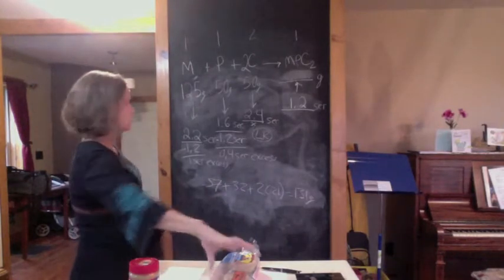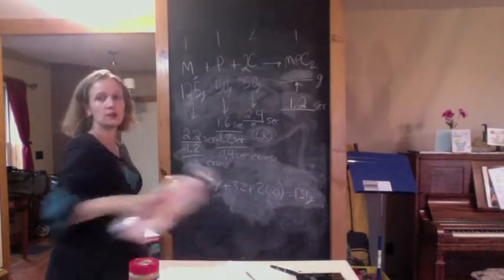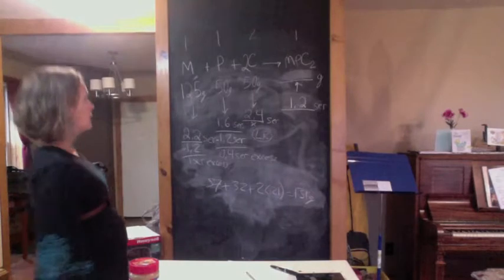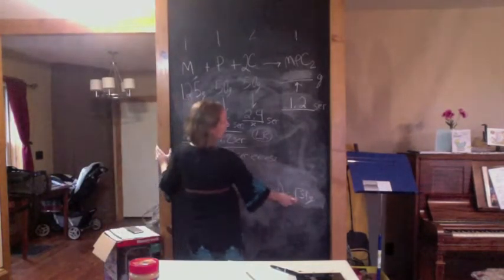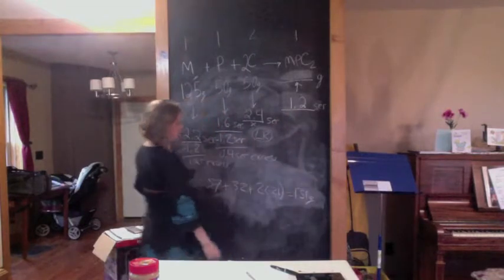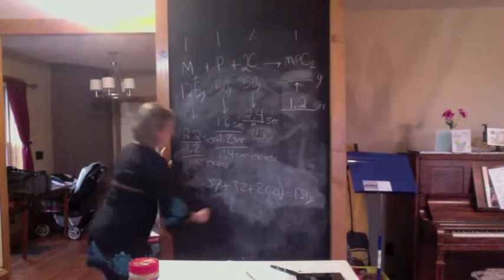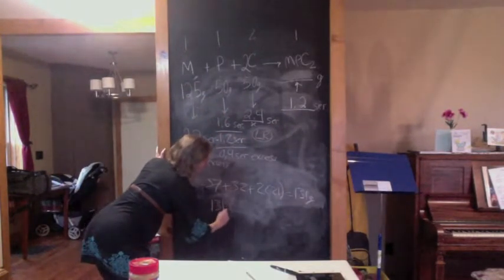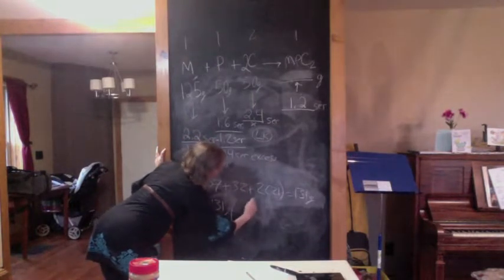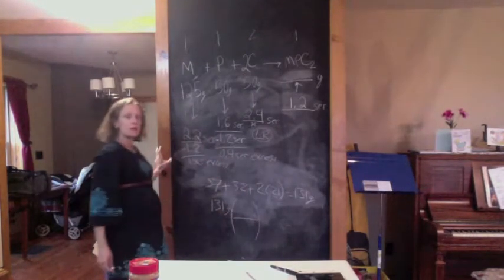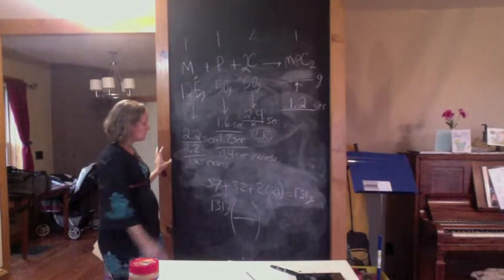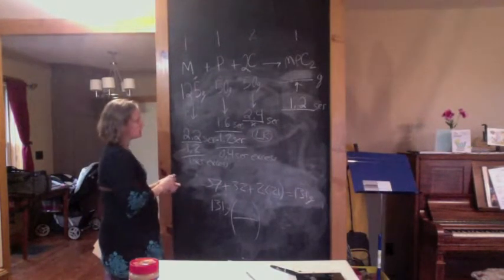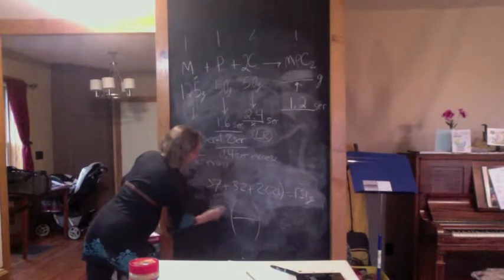Okay, so knowing that we have 131 grams per serving, and we have 1.2 servings, we're going to multiply the mass by how many servings we have. So let's show that as a conversion factor. Actually, what I should do is write it this way, our measurement times the conversion factor.